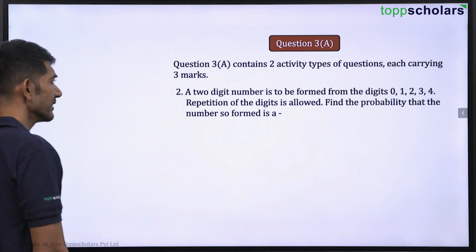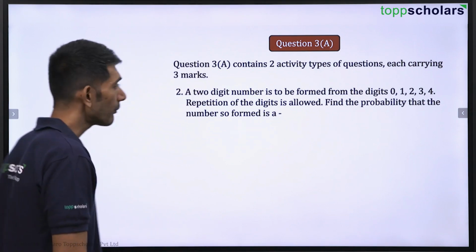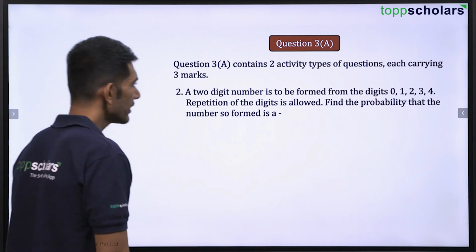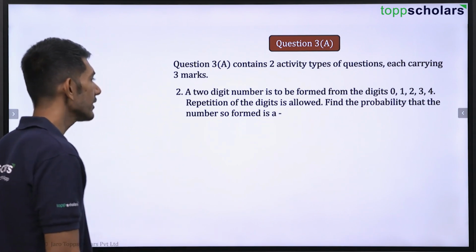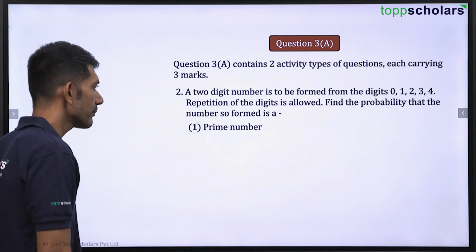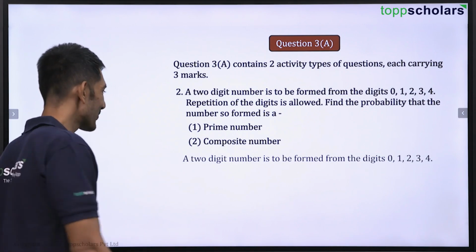The next question says a 2-digit number is to be formed from the digits 0, 1, 2, 3, 4. Repetition of the digits is allowed. Find the probability that the number so formed is a prime number, composite number. Okay, two questions, prime number, composite number.